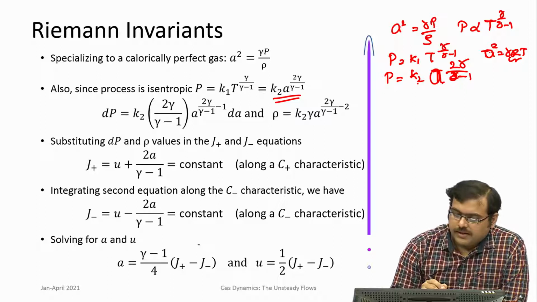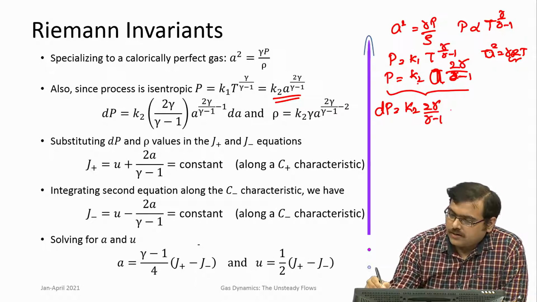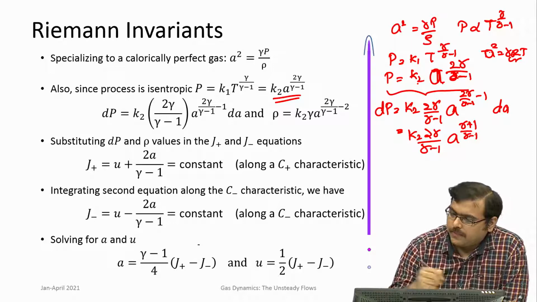Then once we have an expression for p, we can write dp, and dp is k2 times 2 gamma by gamma minus 1 times a power 2 gamma by gamma minus 1 minus 1. This will turn out to be k2 dA, 2 gamma by gamma minus 1, a power gamma plus 1 by gamma minus 1.